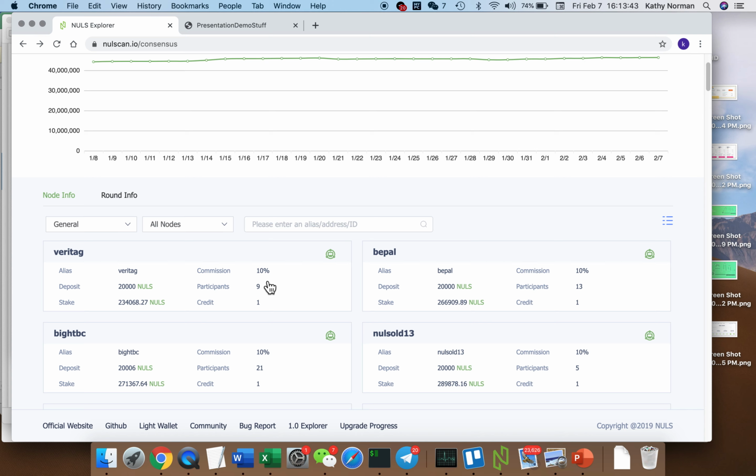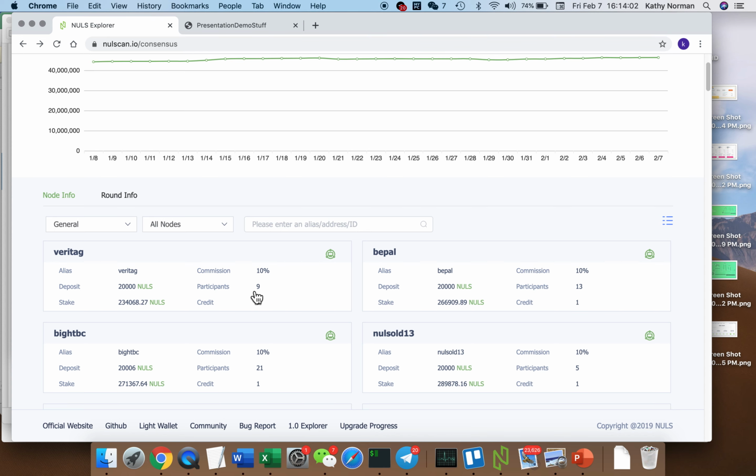And the number of yellow flags you get controls what your credit rating is. And of course, people who want to stake in a node only want to stake in nodes with high credit ratings. So the onus is on the owner of the node to make sure that their node is operating at peak efficiency.